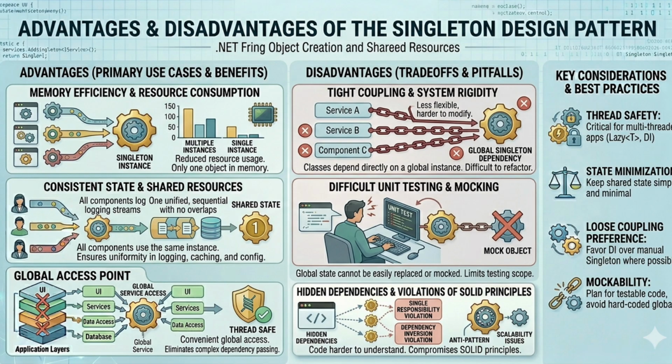Another advantage is the convenience of a global access point, which simplifies the design by eliminating the need to pass objects through multiple layers. Singleton is also beneficial for managing shared resources such as logging, caching, and configuration services. Additionally, modern implementations in .NET can ensure thread safety, making the pattern reliable in multi-threaded environments.